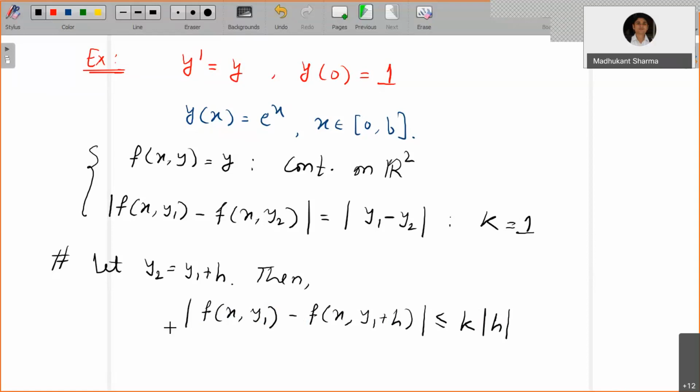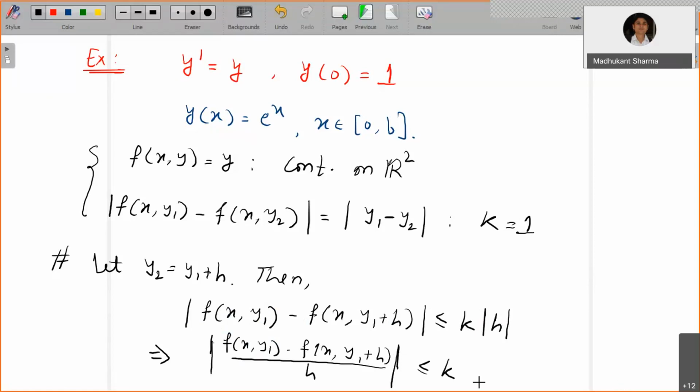So h is any strictly positive number. So mod of f of x comma y1 minus f of x comma y1 plus h, divided by h, is less than or equal to k.